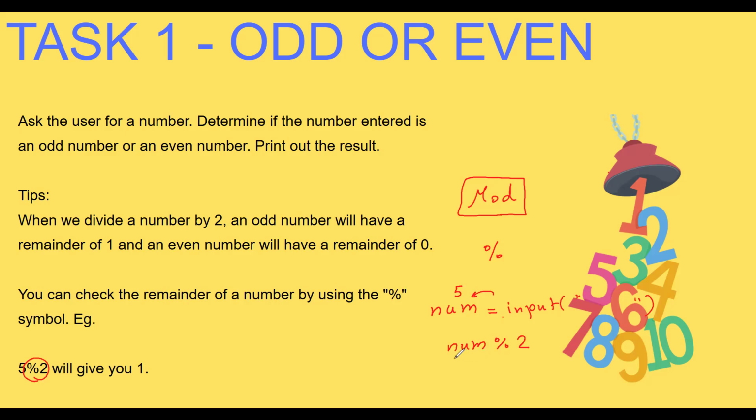So this will produce 2 different possible outputs based on whether it is even or odd. We will produce 0 if the number is even, and we will produce 1 if the number is odd.